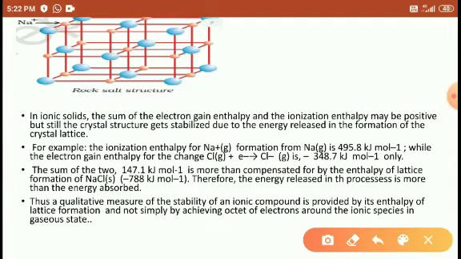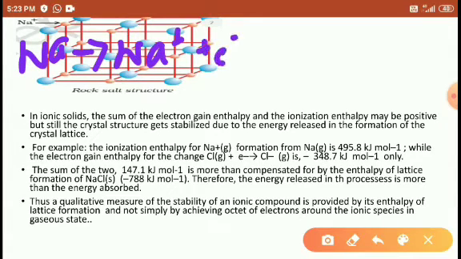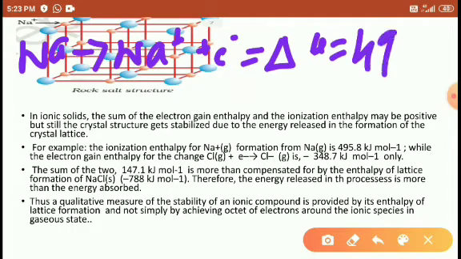Right, students? For example, the ionization enthalpy of sodium, forming the sodium ion from sodium, is 495.8 kilojoule. It means the sodium turns into the sodium ion by releasing an electron, with enthalpy 495.8 kilojoule. Right, students?